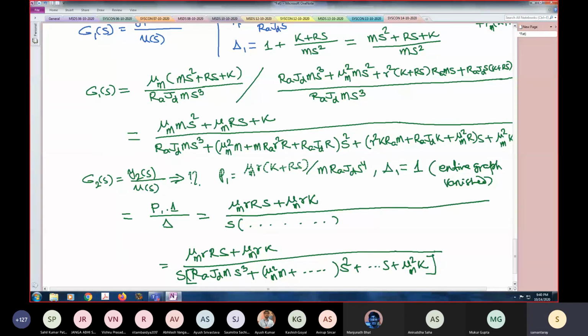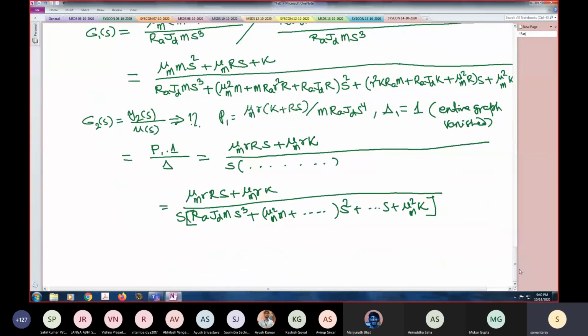So what is important here? Denominator of transfer function doesn't depend on input and output.